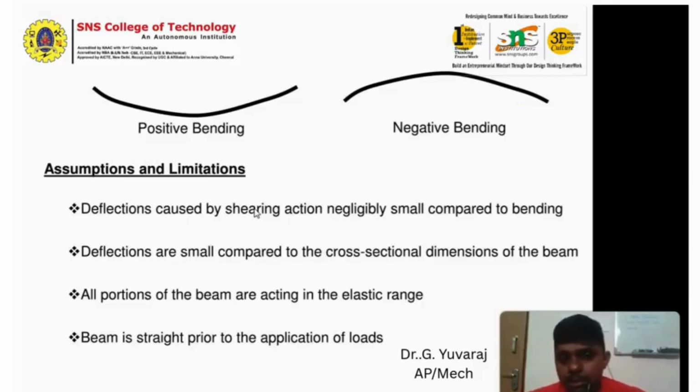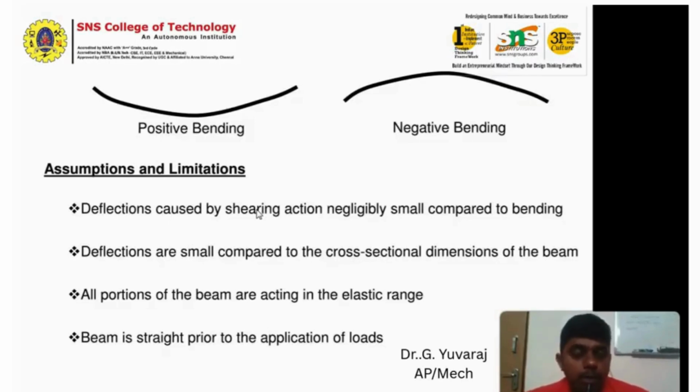The first: deflection caused by shearing action is negligibly small compared to the bending. The second: deflections are small compared to the cross-sectional dimensions of the beam. The third: all portions of the beam are acting in the elastic range.